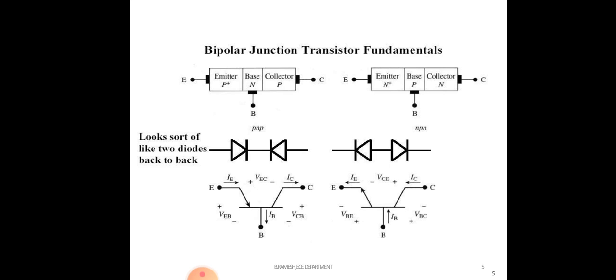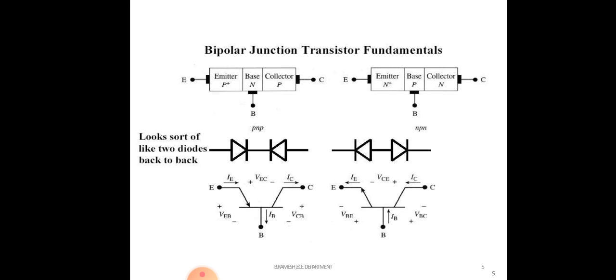P is normal doping compared to the emitter region, and base is a lightly doped region. Similarly, in the NPN transistor internal structure, the emitter region is heavily doped, with more electrons present in the emitter region compared to the collector region, and the base region has holes.